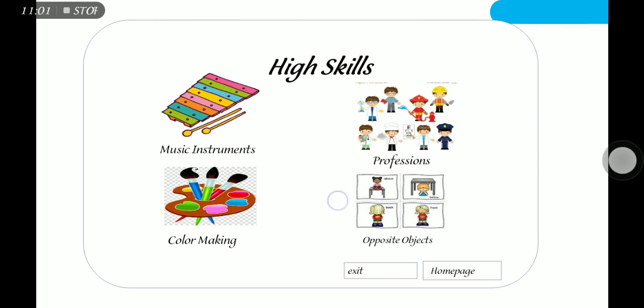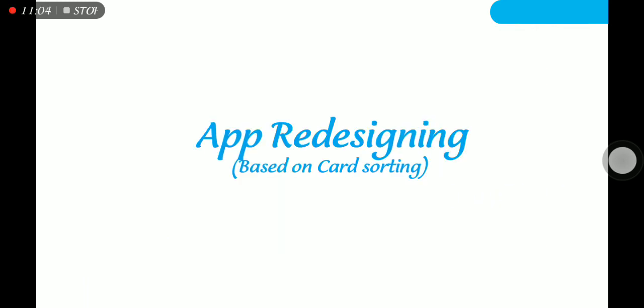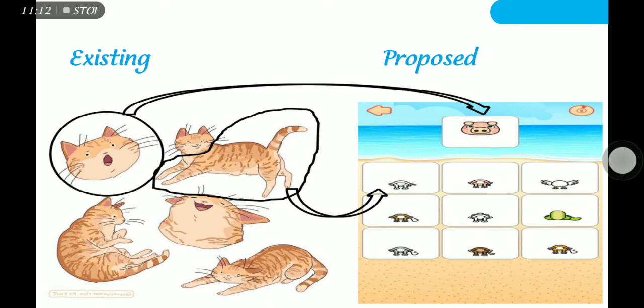This will help the student to analyze things and increase their analytical skills. App redesigning based upon card sorting, you can say the user interviews. So these pictures are included in the application that we worked upon. These are the pigs pictures, pigs cartoons.